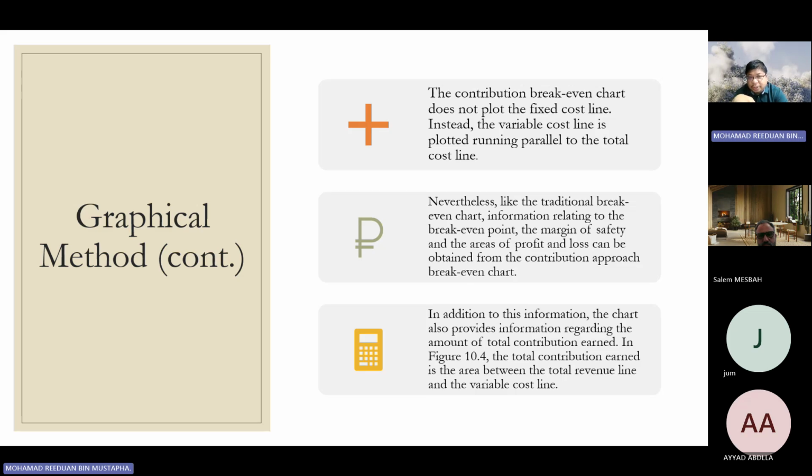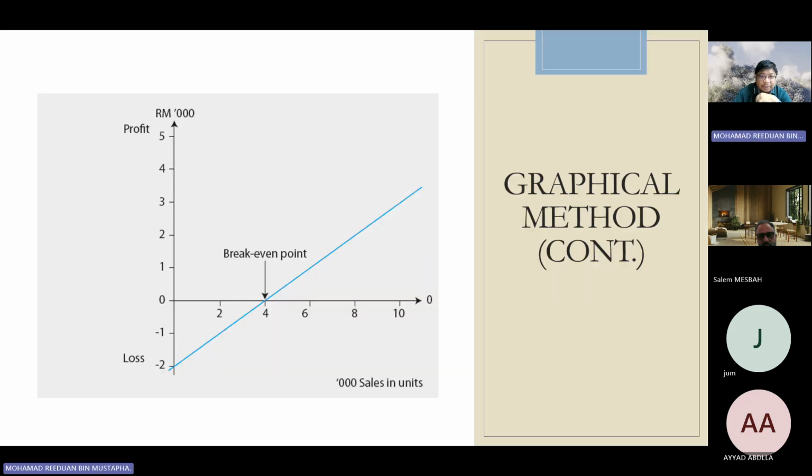In addition to this information, the chart also provides information regarding the amount of total contribution earned. So we give you figures to look into this also, figure 1.5. These are the graphical methods.